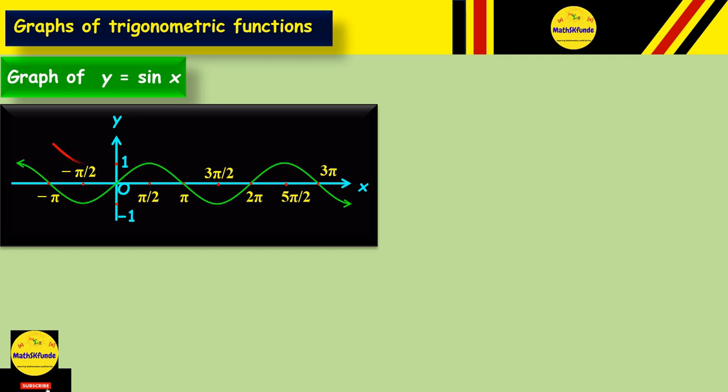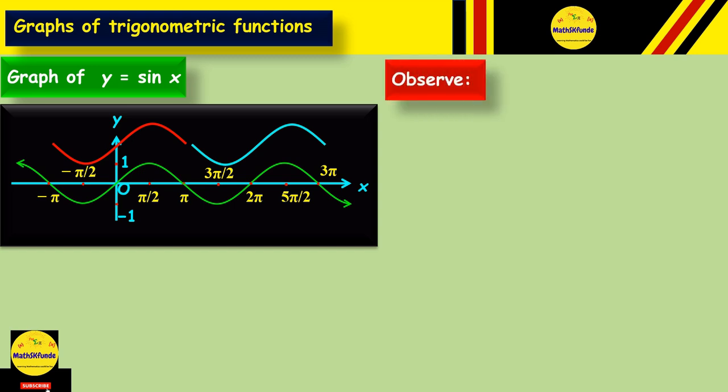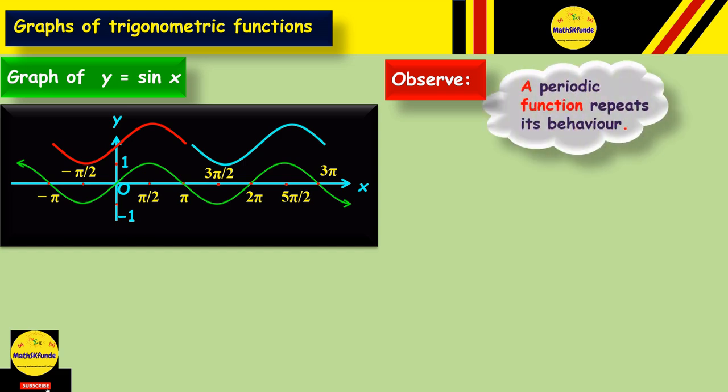Now certain things you can learn from this graph. I observe that whatever the behavior of the sine curve between the angles minus pi and plus pi, the same behavior you observe between pi and 3 pi. That means between two points, minus pi and pi, which are at a distance of 2 pi, you are observing the behavior of the sine curve getting repeated afterwards.